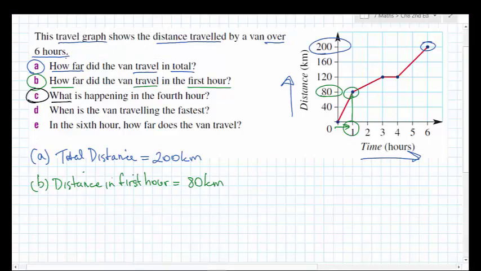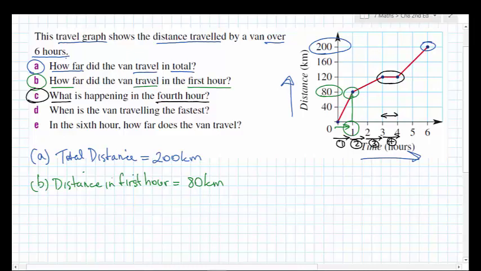For C, what is happening in the fourth hour? Let's identify the fourth hour. This is the first hour, this is the second hour, this is the third hour, and this is the fourth hour. In this bit of time it looks like he hasn't travelled any distance at all, which means he's stopped.